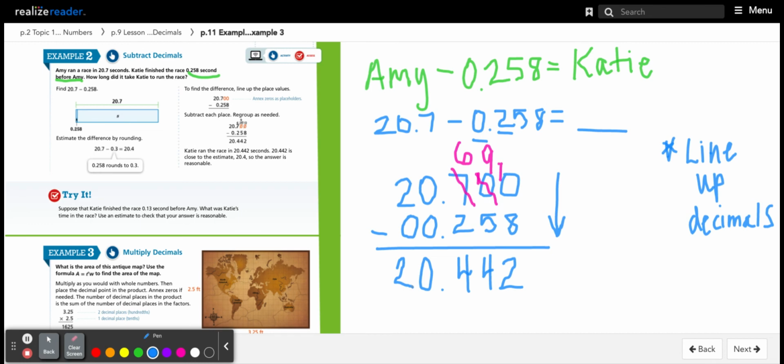So because I already started by bringing down that decimal point, I don't have to worry about forgetting it when I'm done. So my answer is that Katie ran the race in 20.442 seconds, which would also be 20 and 442 thousandths seconds.